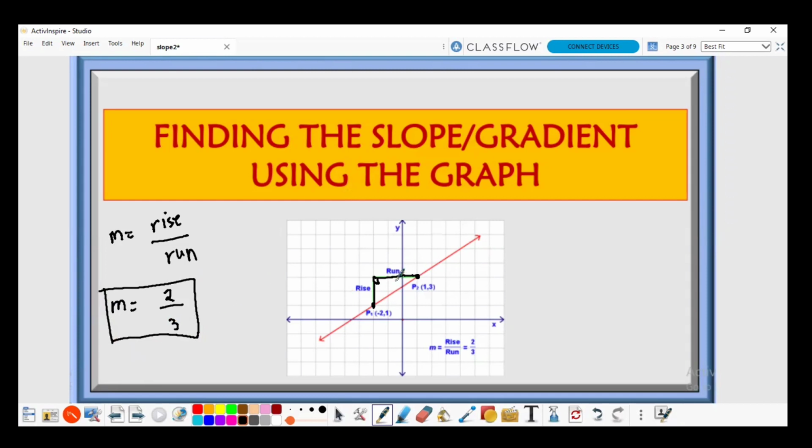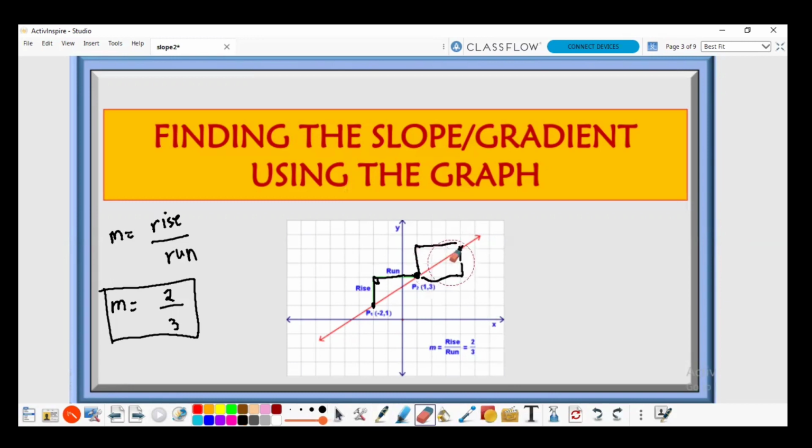How about if I choose another point? Let's say I will choose this point and this point. What will be our slope? Let's see if we get the same answer. You can draw a line below, or you can draw a line above.